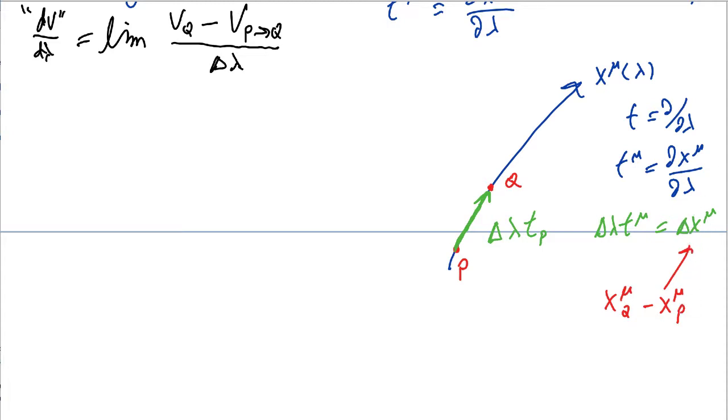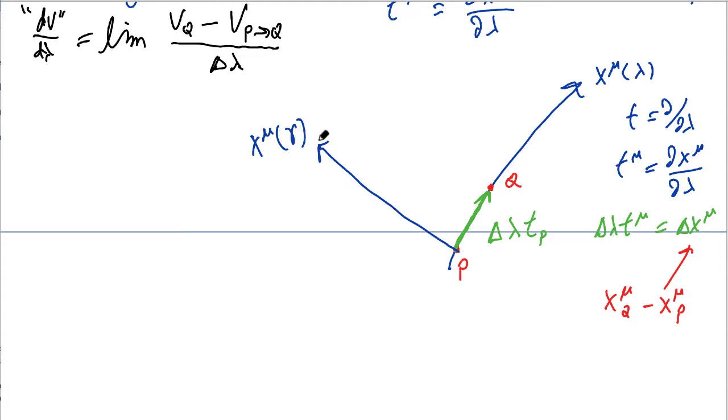All right, we have also a vector v here, and what I want to do is think of that vector also as the tangent to some curve. So let me draw the curve through point P. It doesn't matter which curve I choose. Let's call that curve x mu of gamma.